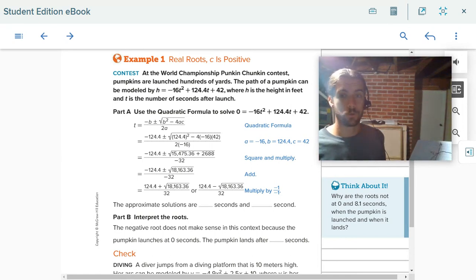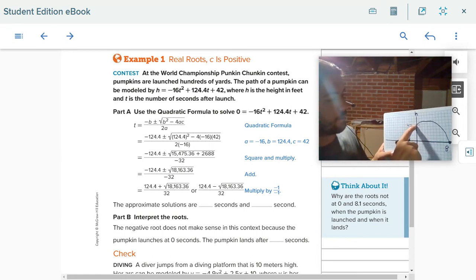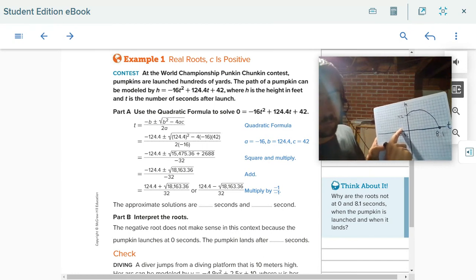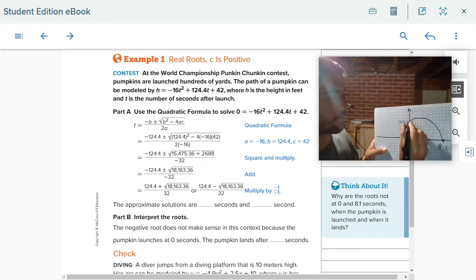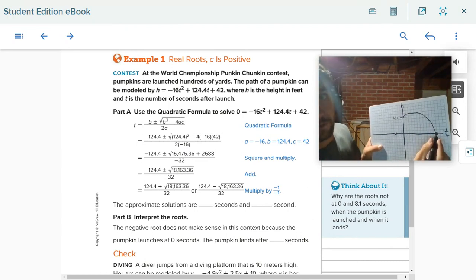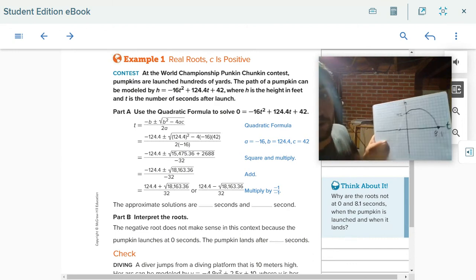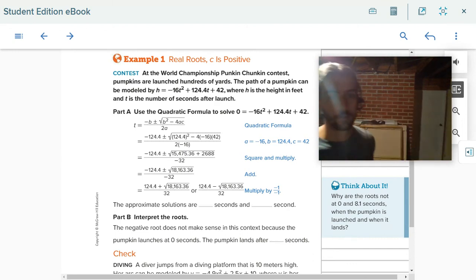So if you were 0 seconds after launch, that means at time equals 0, that is where you're launching. So we can kind of remove this, and our final picture is a situation that starts at time equals 0 seconds up at 42, and it goes to time equals 8.1 seconds down at a height of 0 where it hits the ground.